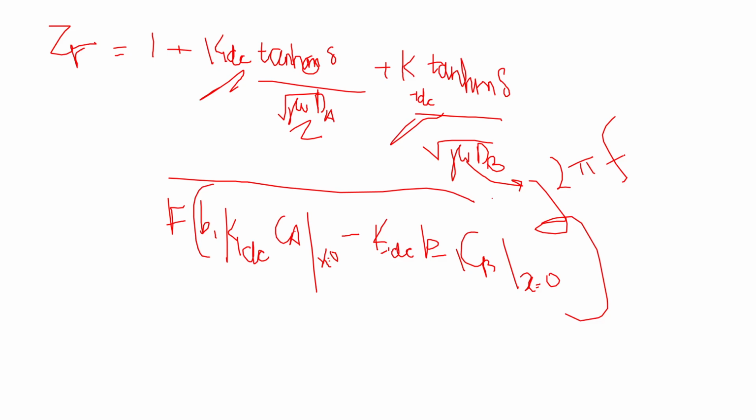CA at x equal to 0, CB at x equal to 0 will correspond to the bulk solution values. What you have to do is feed this into an Excel sheet or MATLAB, substitute all the values and just run the equation. That is, you type the set of equations and press enter if you are doing it in MATLAB. In that case, you will get both the real and the imaginary part separately.